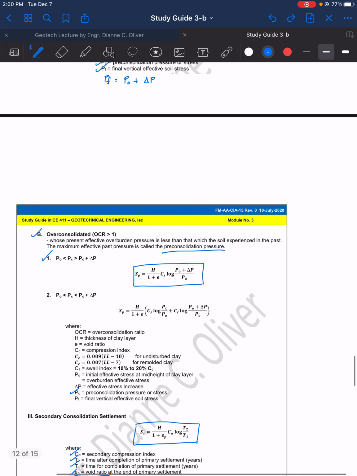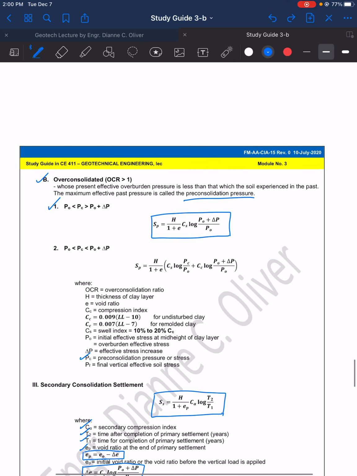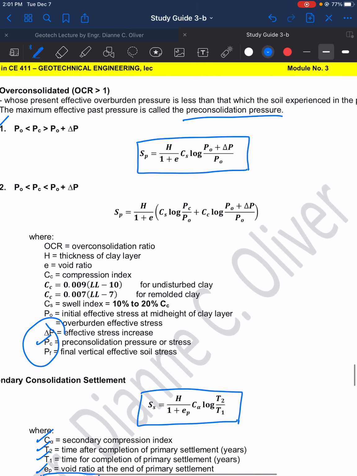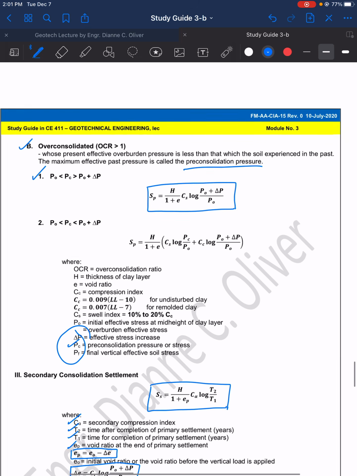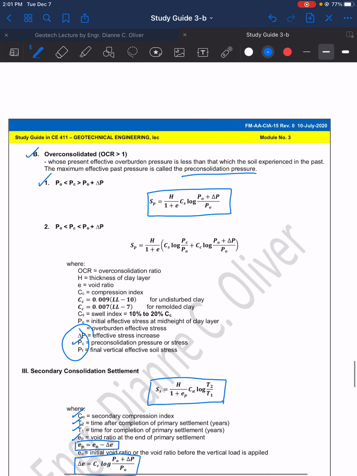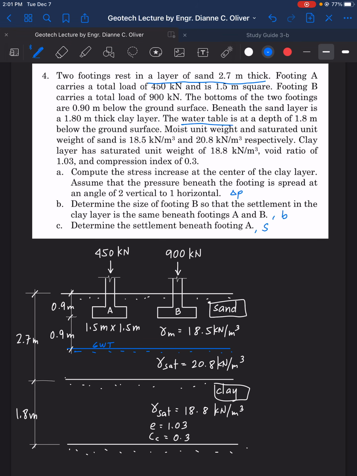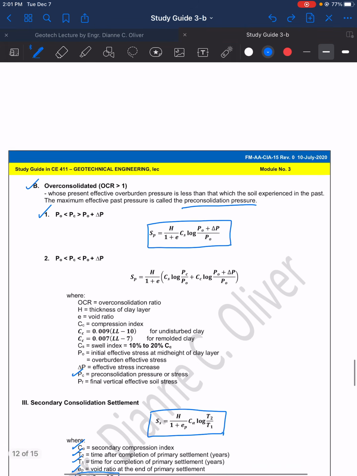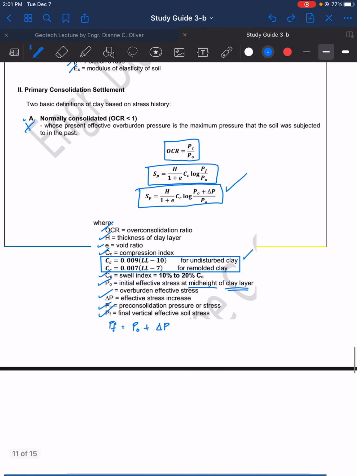Under over consolidated, does it mention Pc, the pre-consolidation pressure or stress? Do we have Pc in our problem? The answer is none. So we will settle with normally consolidated and we will use this formula.